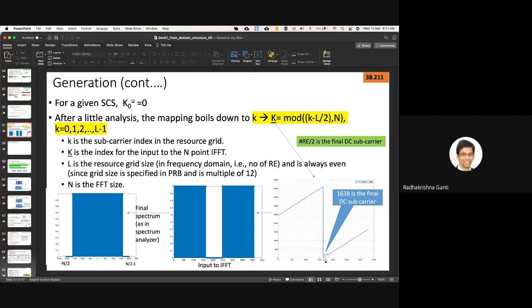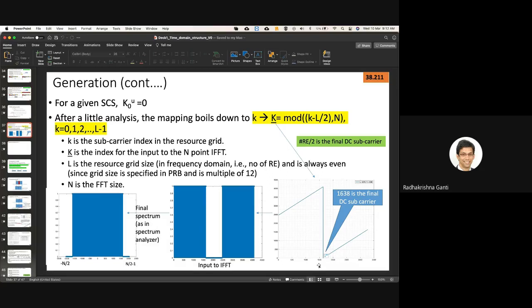This becomes the 0 before the IFFT. So when you are populating the resource grid, you should remember that the 1638 element, essentially the number of resource elements divided by 2, that half point, is the DC subcarrier. This is not very critical, but it's good to know, because this is what finally comes out as a spectrum.